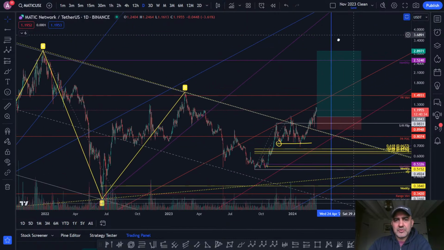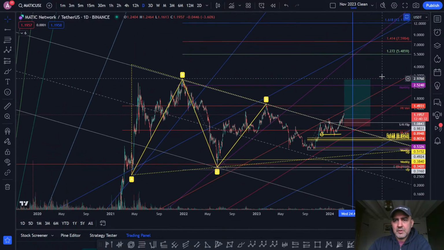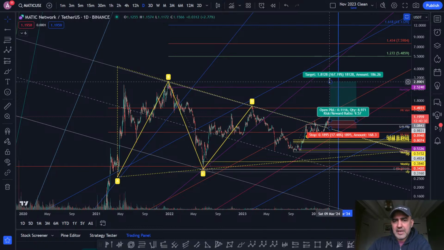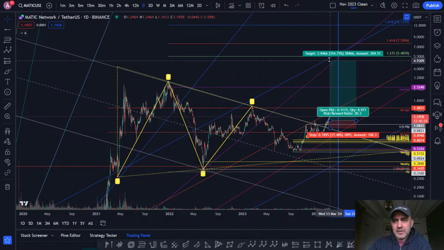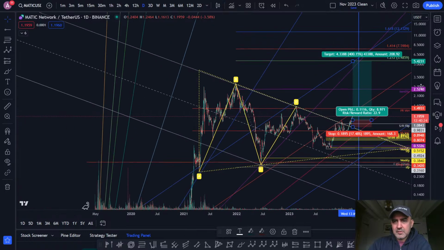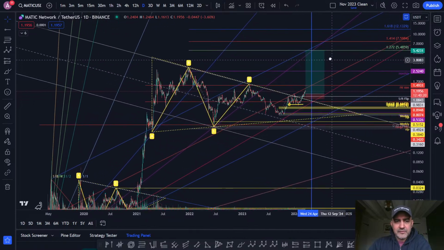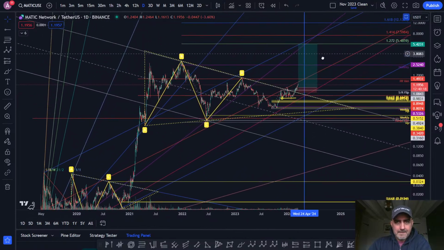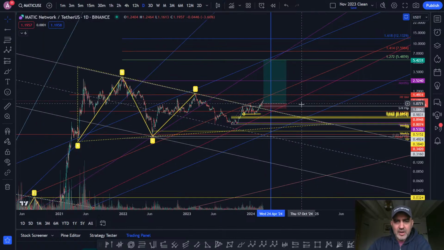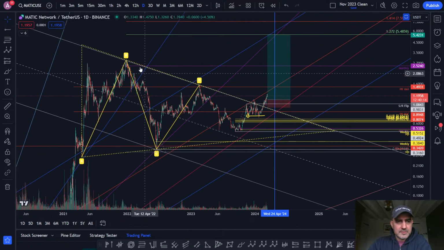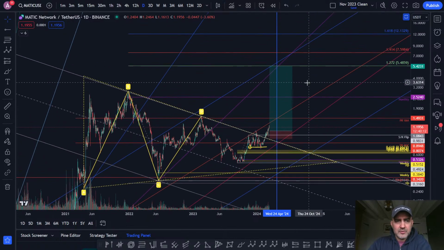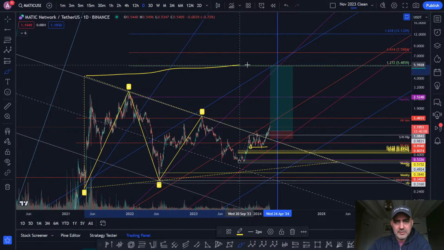Matic has a potential to go up to the all-time high, and if it extends maybe $5 or 7, 5, 7, 12. If it completes this triangle idea, you're looking something like that.